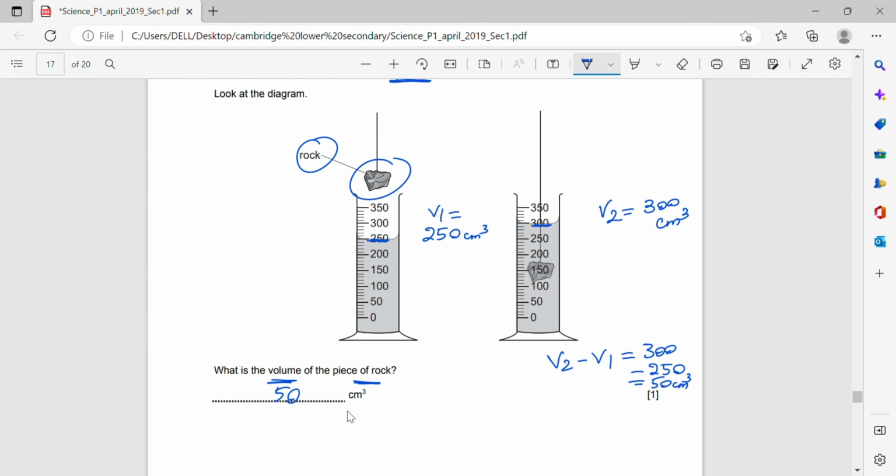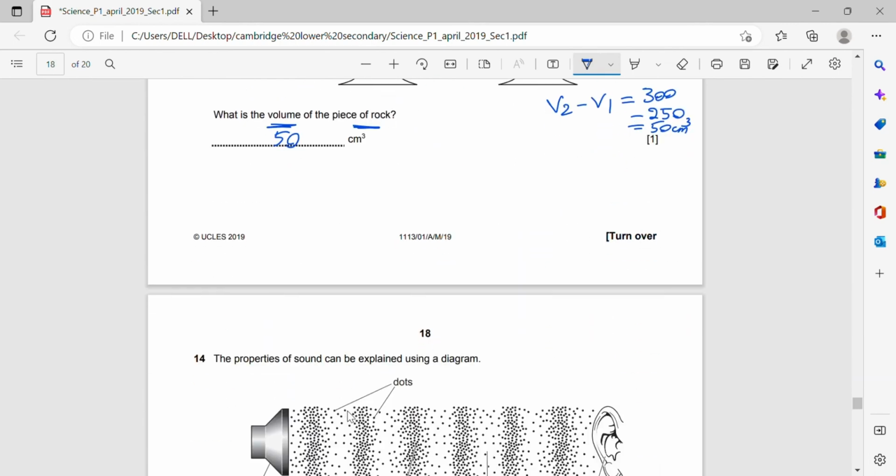Okay, this is how to find the volume of irregular objects like the rock.